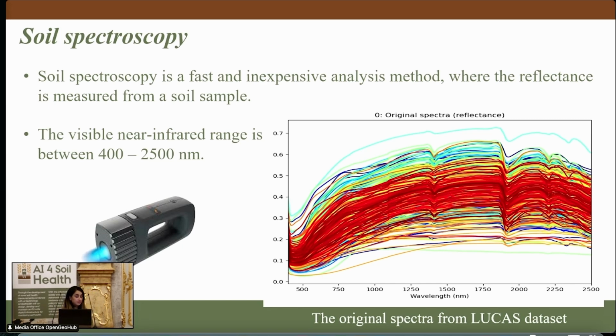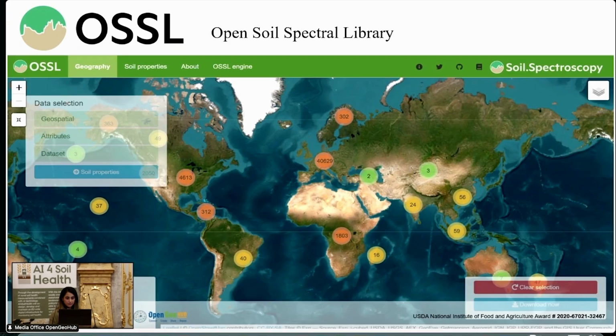The range we are interested in is the visible near-infrared range, which covers between 400 and 2,500 nanometers. Here you can also see the original spectra from the LUCAS dataset, which is a wonderful dataset with about 45,000 spectral samples along with wet chemistry data, so many research studies can be done.